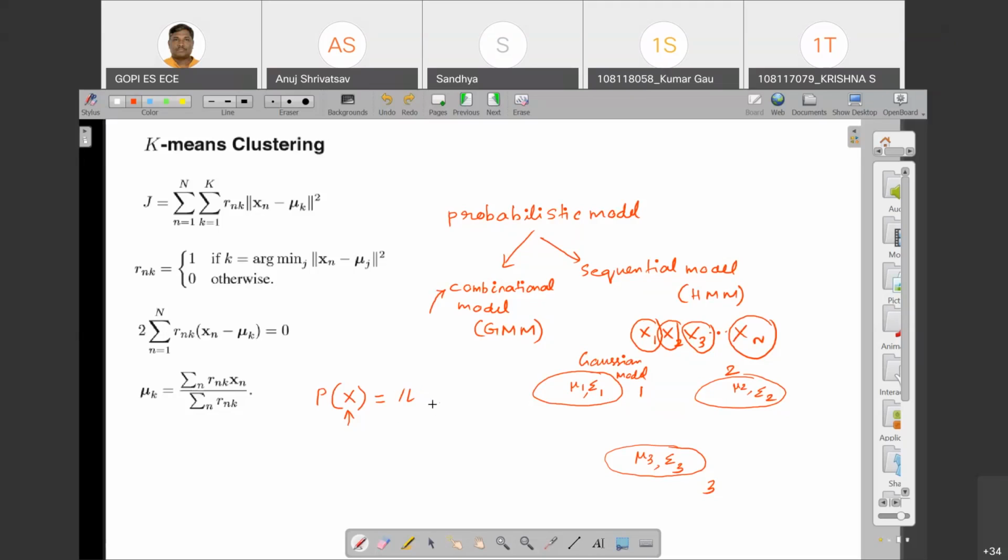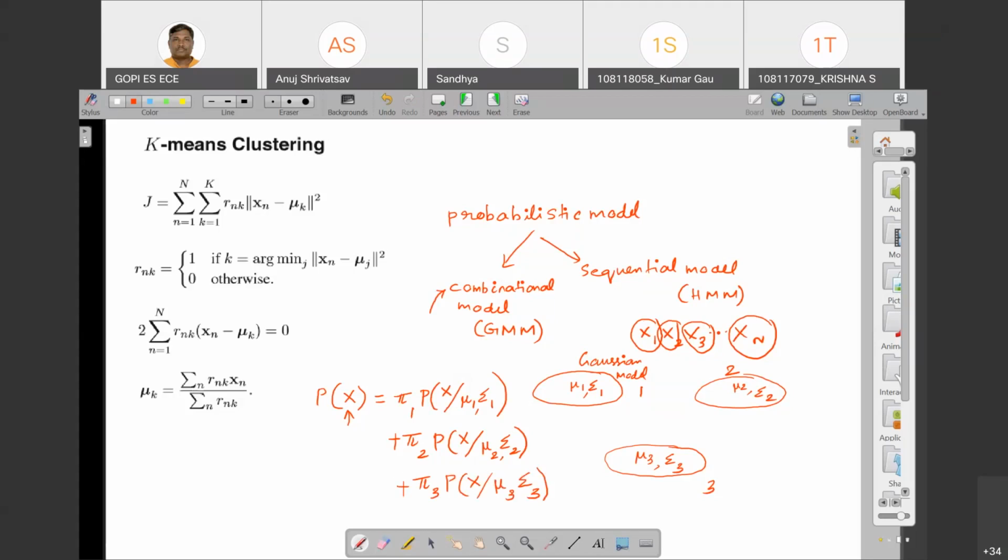If you write it in expanded form: pi 1 times the probability of x being generated with the first Gaussian model, which we can write explicitly as mu1 and sigma 1, plus pi 2 times the probability of x being generated with mu2 sigma 2, and then pi 3 times the probability of x being generated with mu3 sigma 3.